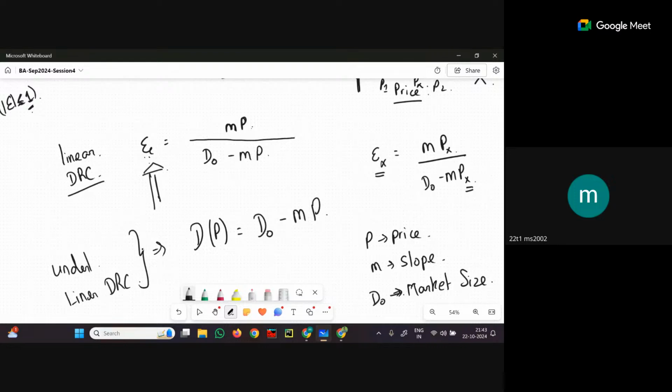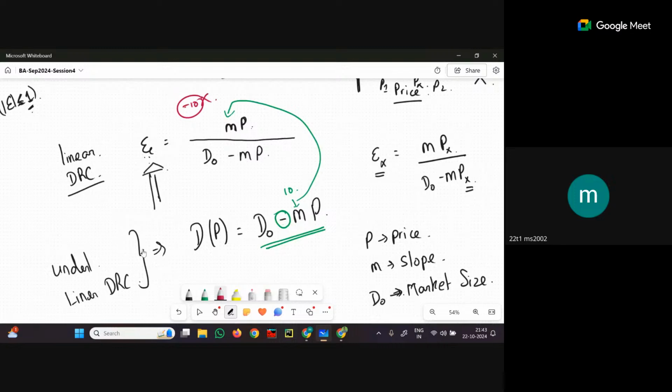And remember, this formula comes from an equation where you take it as minus MP. So epsilon is MP by D0 minus MP. So whatever is the value of M, you will take the absolute number here. Let's say M is 10. You will not substitute minus 10 here.